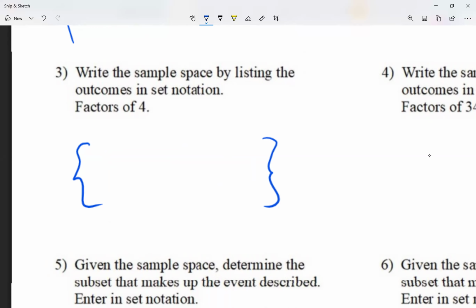Okay, so factors of 4. Basically, what numbers can I divide 4 by? I can go 4 divided by 1, right? 4 divided by 1 gives me a whole number. 4 divided by 2, right? I cannot divide by 3 because 4 divided by 3 does not give me a whole number, but I can divide 4 by 4.